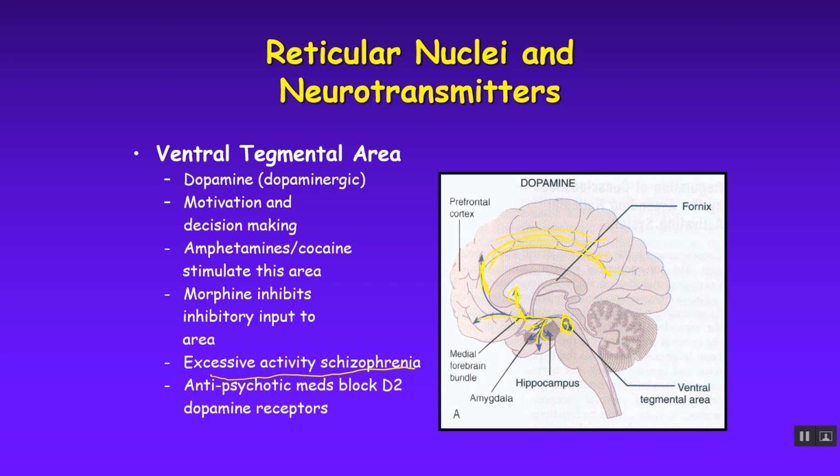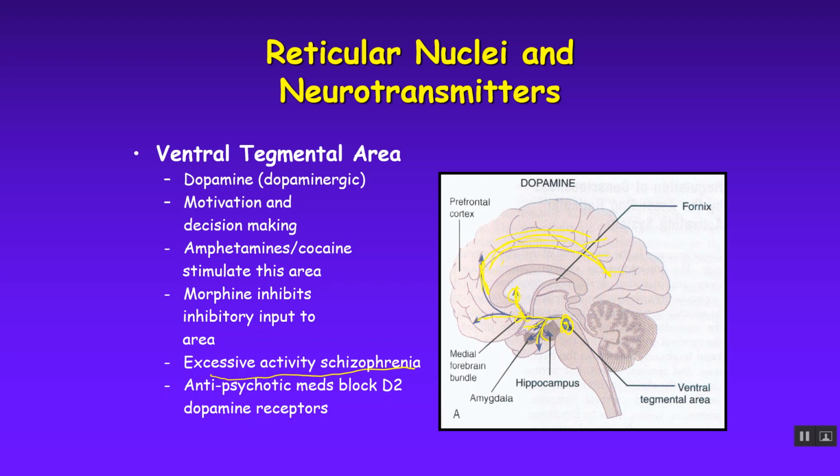But you also, that's why with D2 receptors, when dopamine from the substantia nigra binds to D2 receptors in the basal ganglia, it inhibits the indirect pathway. D1s excite the direct pathway, right, and keep you more active.